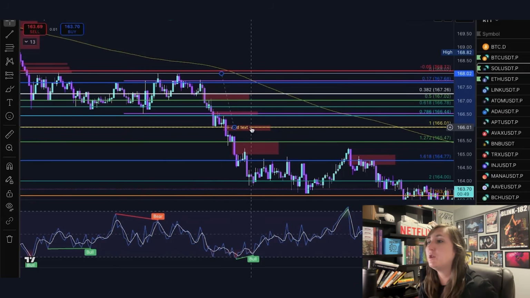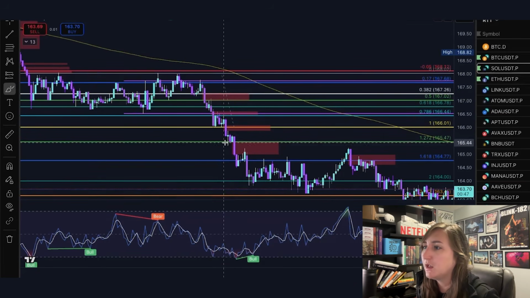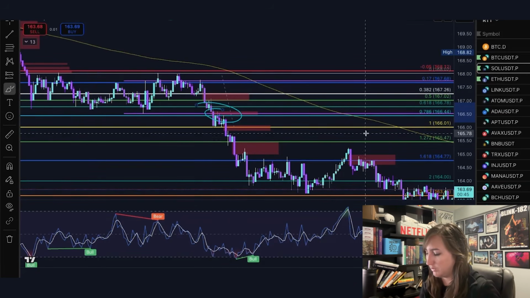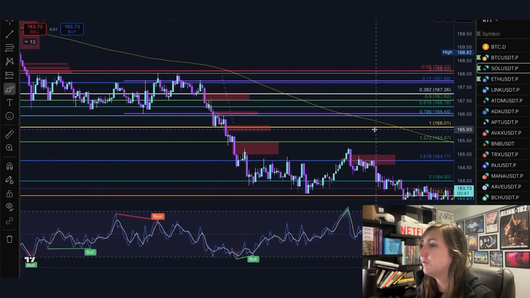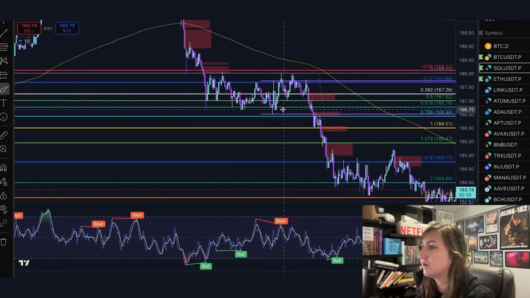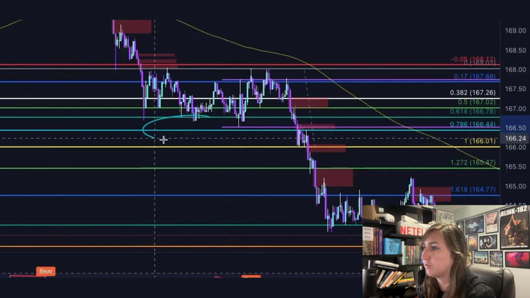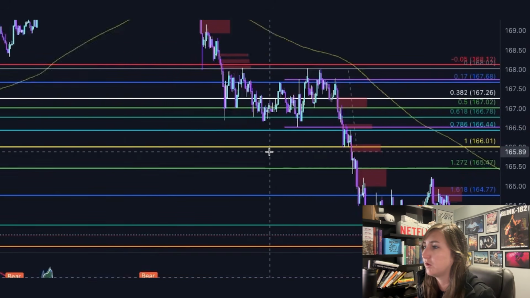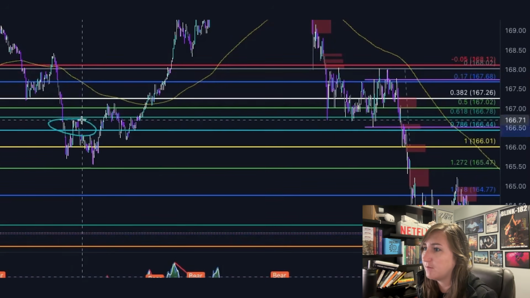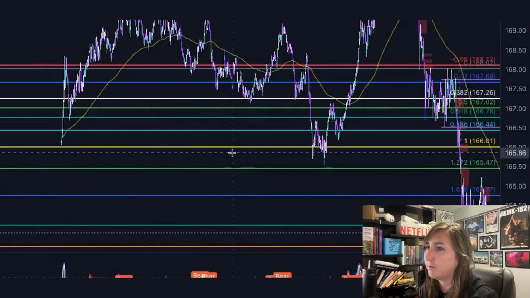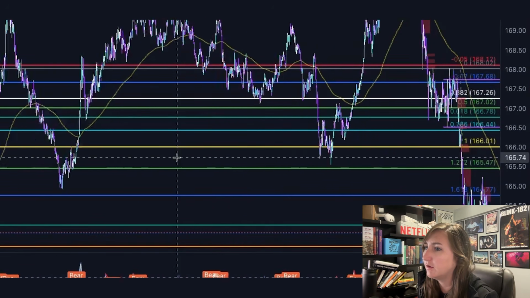So you have a couple of highs here to choose from, but you will see we wicked right through that 0.786. So sometimes you're trying to match up these fib levels with support and resistance. You'll see we had some support and resistance levels around there in the 0.618. The more candlesticks you see coming through these areas, that points to a better entry, okay?